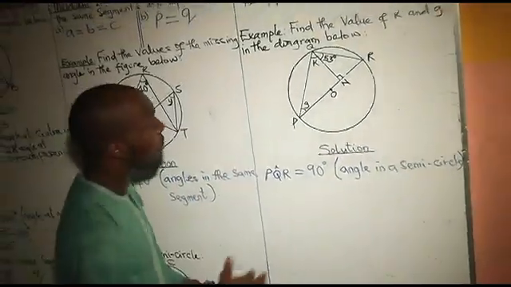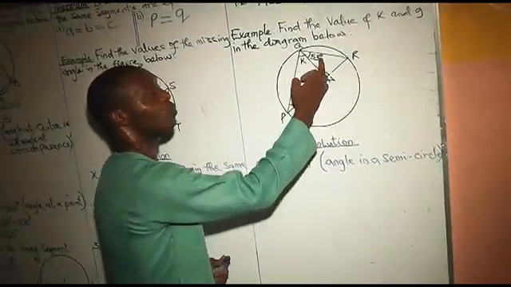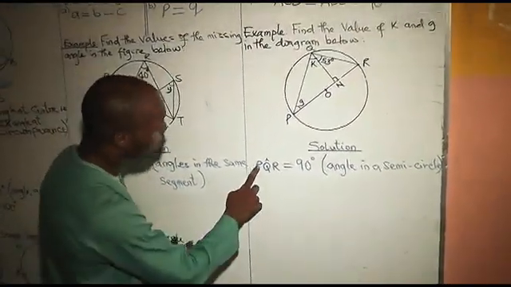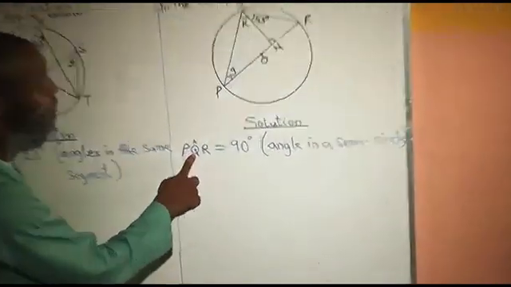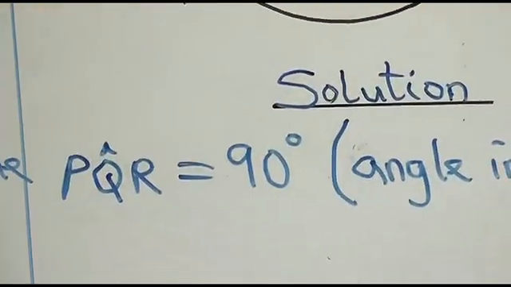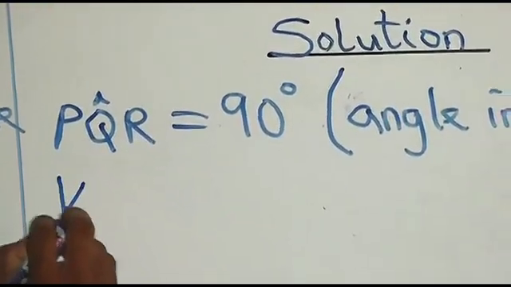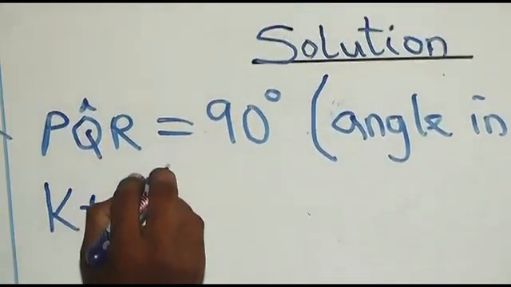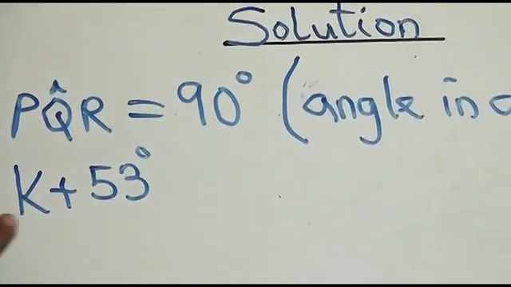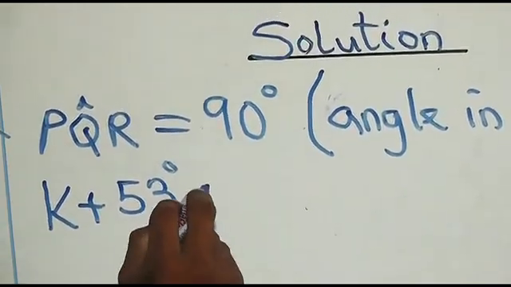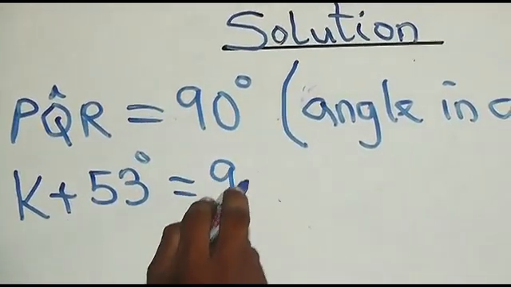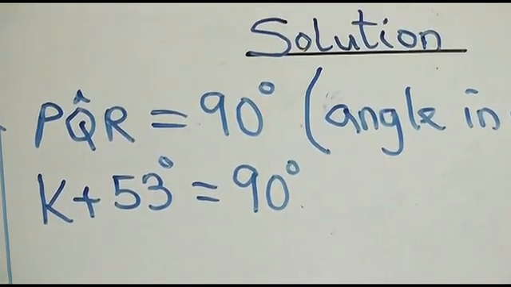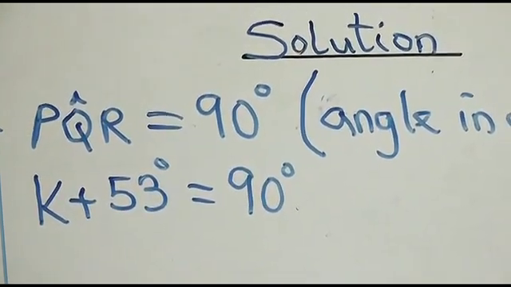Angle PQR has two values, which is K and 53 degrees. So angle PQR is K plus 53 degrees. K plus 53 degrees will also be equal to 90 degrees.